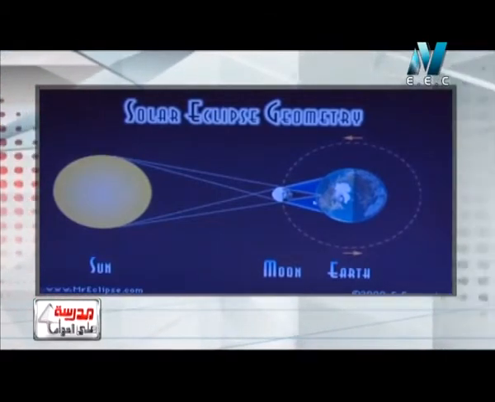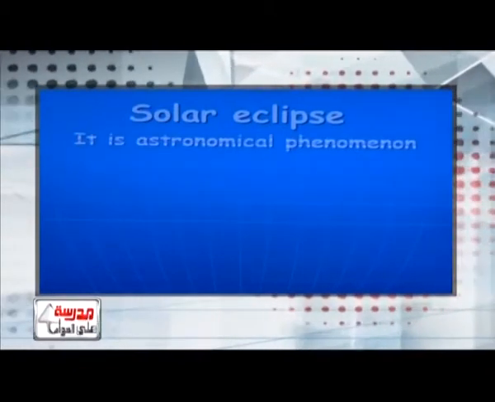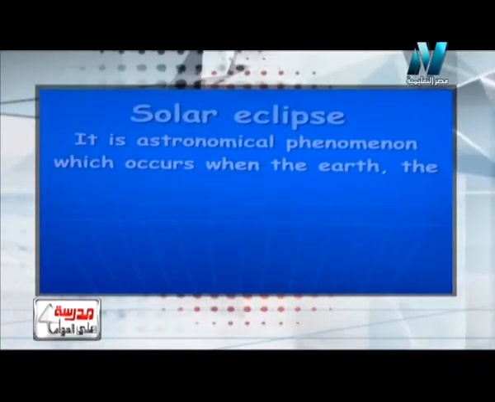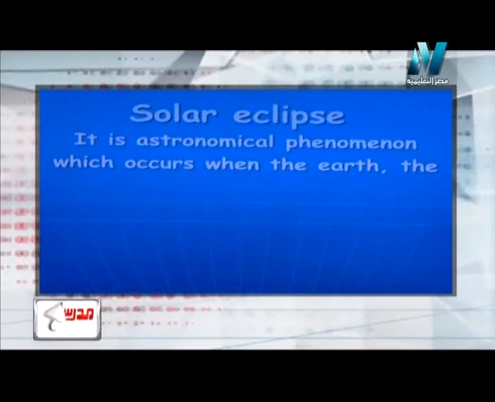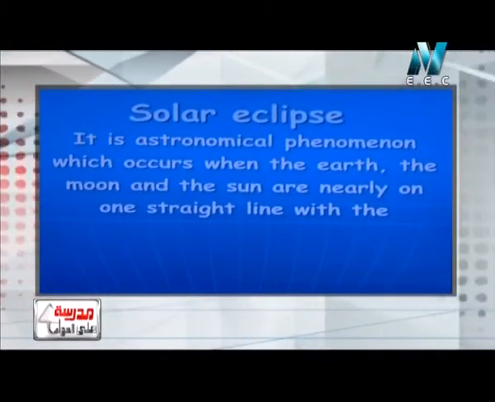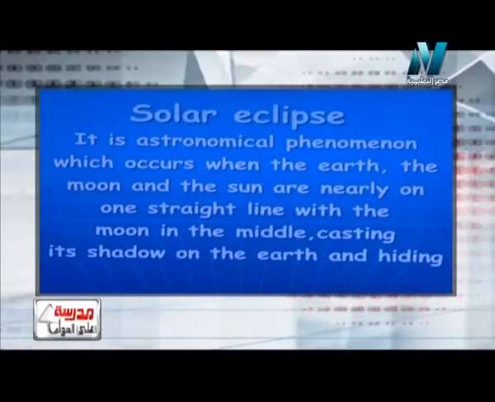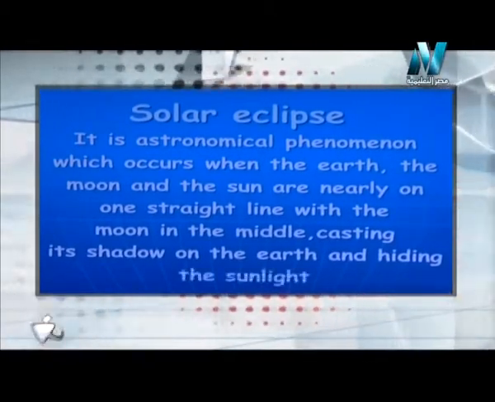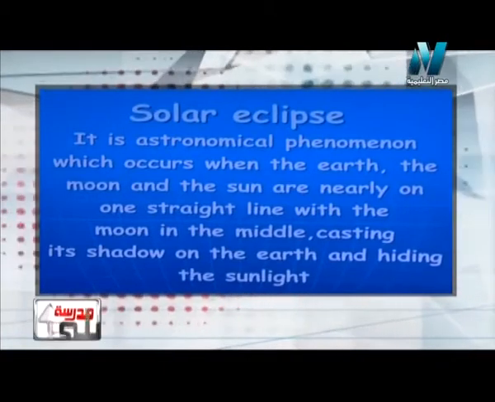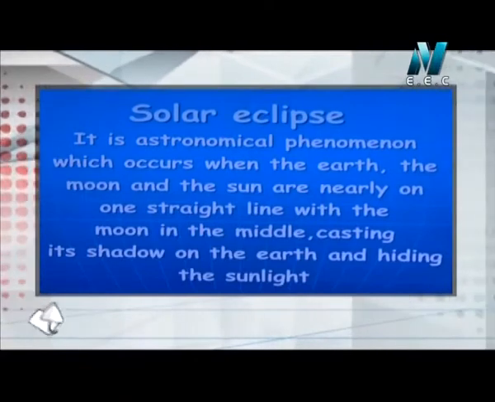So let us see the type of eclipses, or the definition of solar eclipse at first. It's an astronomical phenomenon which occurs when the earth, the moon, and the sun are nearly on the same straight line, with the moon in the middle, casting its shadow on the earth and hiding the sunlight from the earth. Again, it's an easy definition, but it's a long definition. هو تعريف يمكن يبان طويل شوية لكن هو سهل جدا.